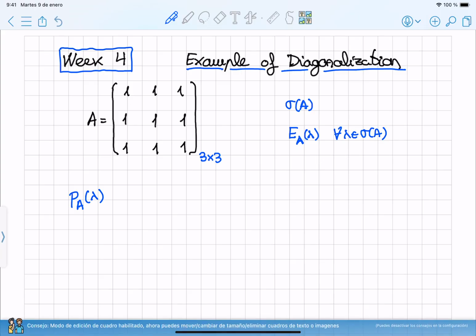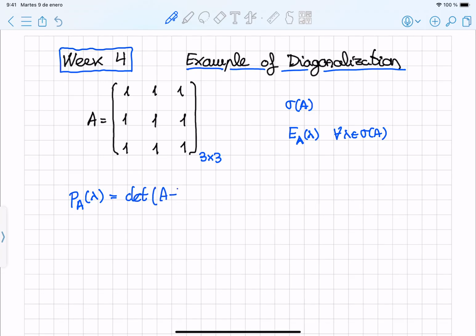The characteristic polynomial is just the determinant of the matrix minus lambda times the identity. This is just the determinant of the matrix, and observe that it's going to be almost the same matrix as we can see above.